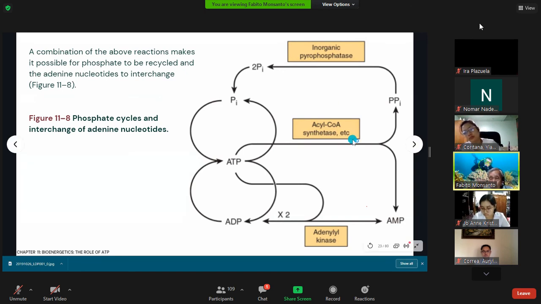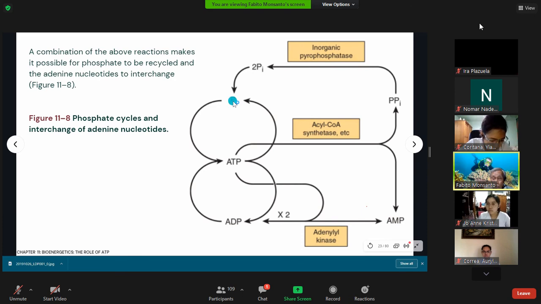You have your acyl-CoA synthetase that produces your fatty acyl-CoA. That uses up ATP, releasing pyrophosphate. Pyrophosphate is acted upon by pyrophosphatase, so it is broken down to inorganic phosphates.